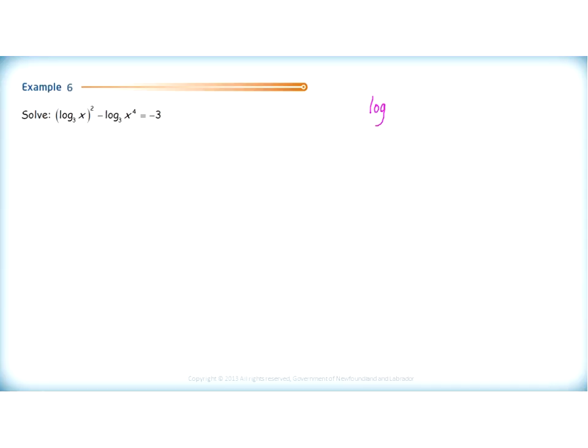If you have the log of m raised to the power of p to base c, you can put the p in front of the log of m to base c. So this is a law of logarithms that you study in Section 8.3. So what I will do is apply that law to the 4 that's here in this equation.